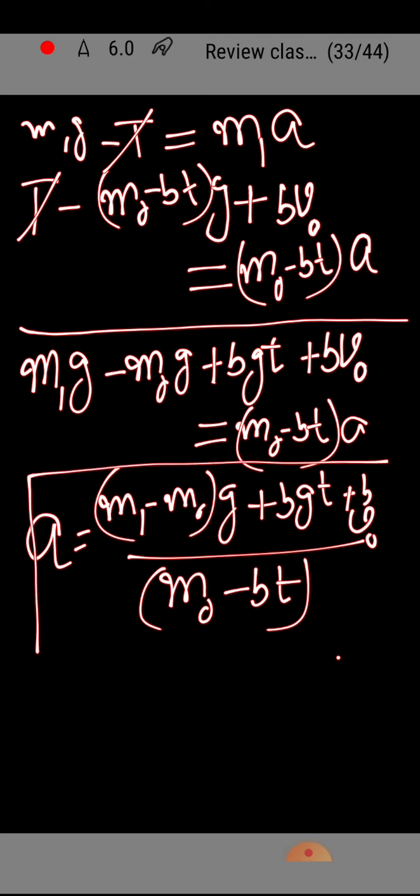This is the answer we got for the acceleration as a function of time. You can substitute the value of time here, and you will get the acceleration at any point of time.